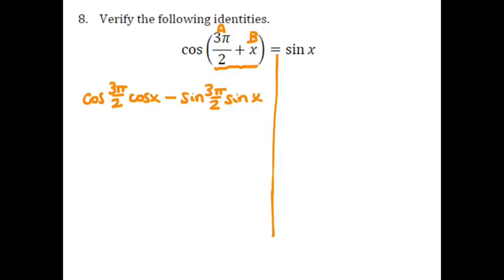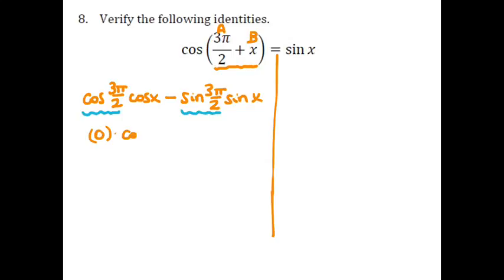Now that I've done this, we want to substitute in unit circle values for cosine 3 pi over 2 and sine 3 pi over 2. So 3 pi over 2, that's the negative y-axis, and so cosine is going to be 0.